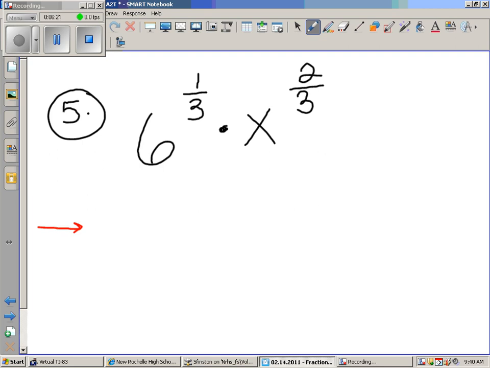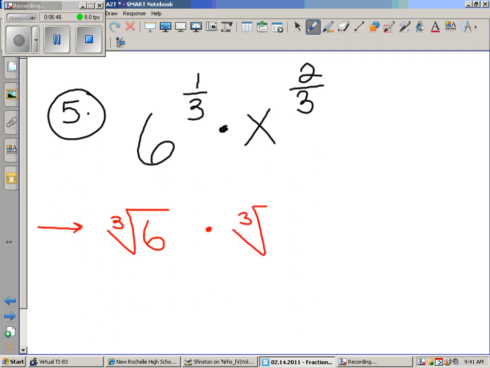But what you can do is the following. 6 to the 1/3 power is the same thing as the cubed root of 6. True? True story? Okay. And now, there are 2 different ways that you could write x to the 2/3. If you write it one particular way, it allows you to combine it with the 6 because they'll both be underneath the same kind of radical.